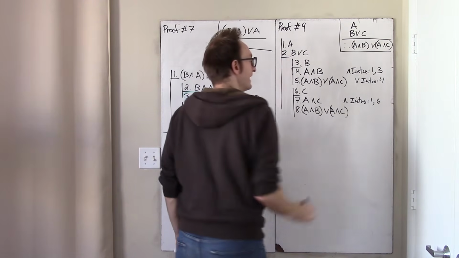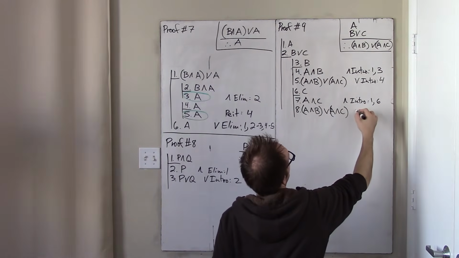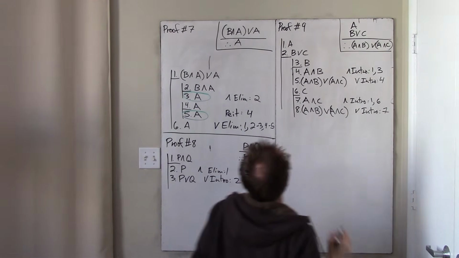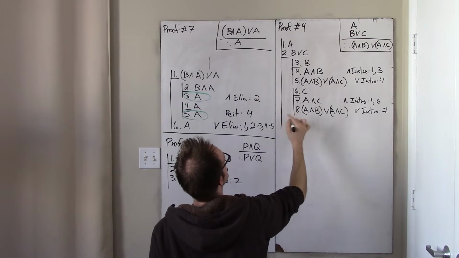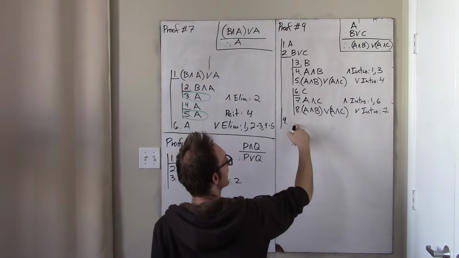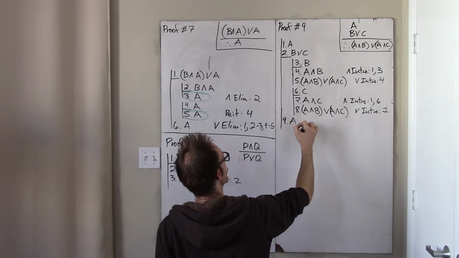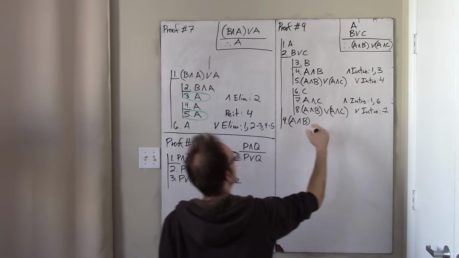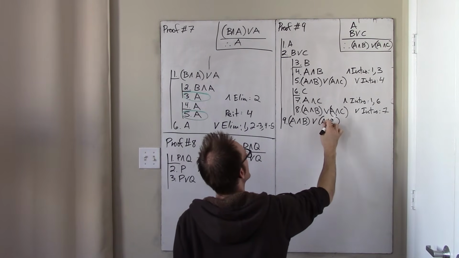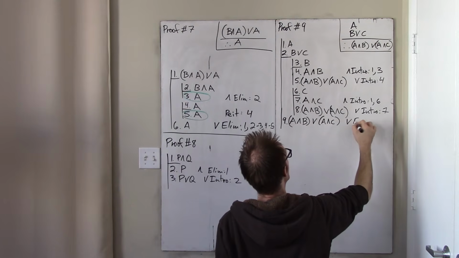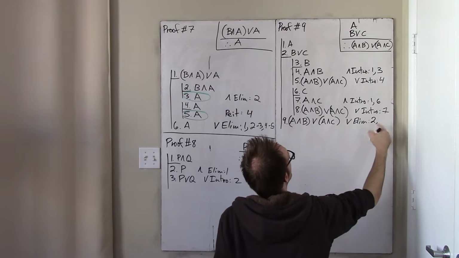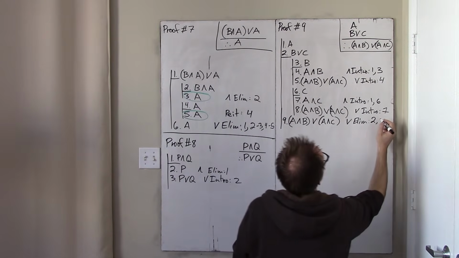And that is OR intro line 7. And I did indeed hit the same spot in both of my subproofs, and so I may now assert back on the main line A and B or A and C. Reason, or elim, line 2, 3 through 5, 6 through 8.